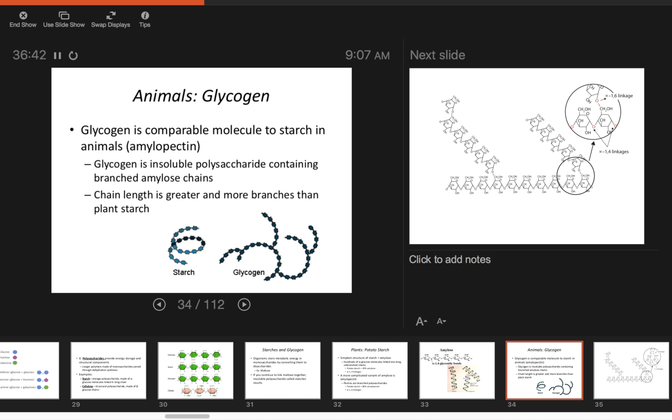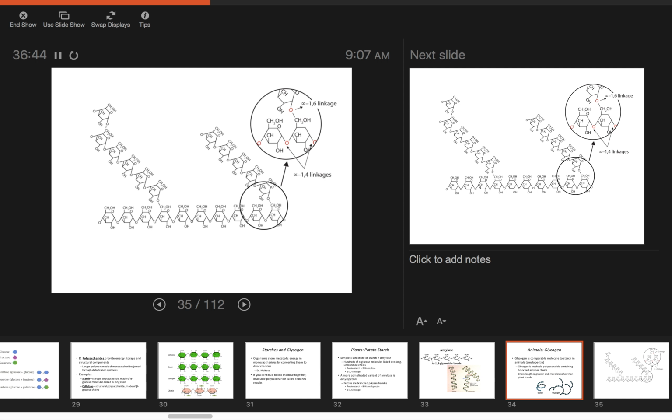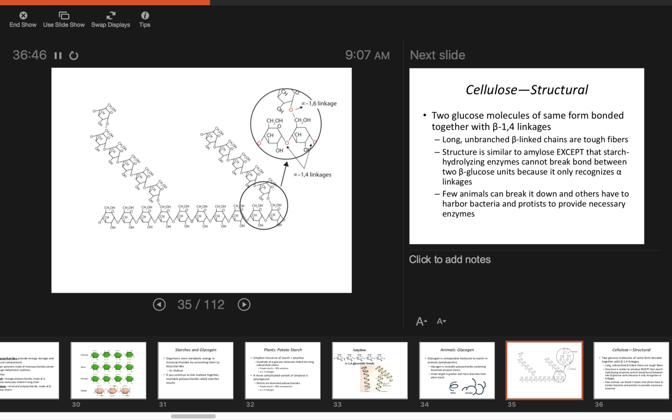Okay, looking at the bonds of glycogen. Again, alpha 1,4. What's this one? Alpha 1,6. I zoomed in here. Straight chain is alpha 1,4. Branched is alpha 1,6. So are there three 1,6s right there?